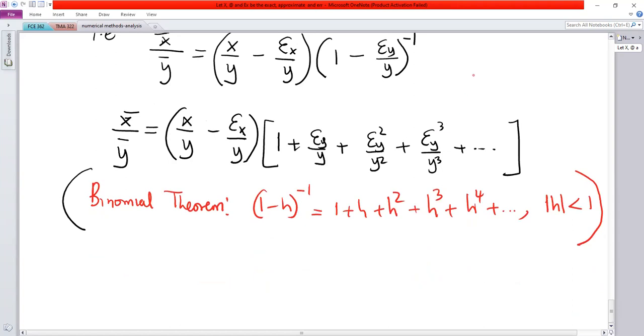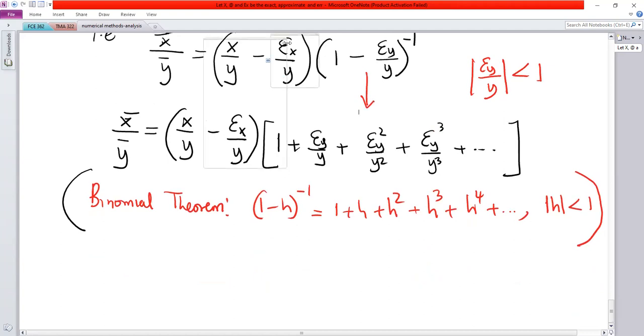And you see here, the magnitude of error in y over y is less than 1. So that's why we have from here to this point.